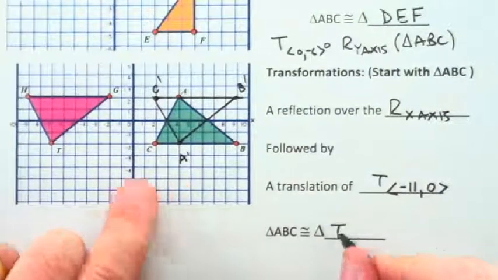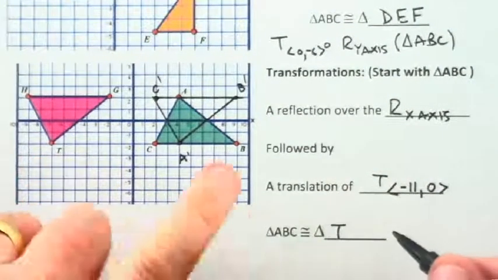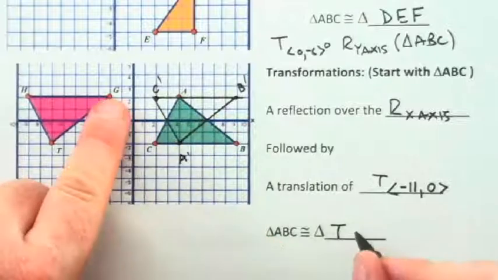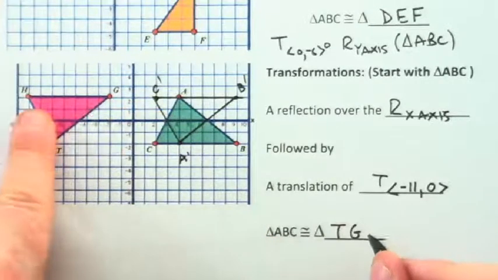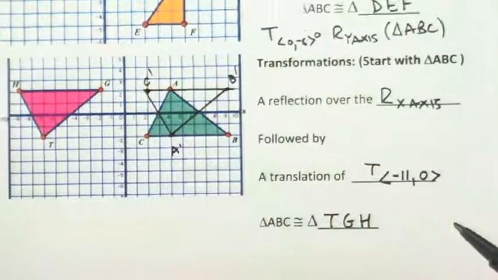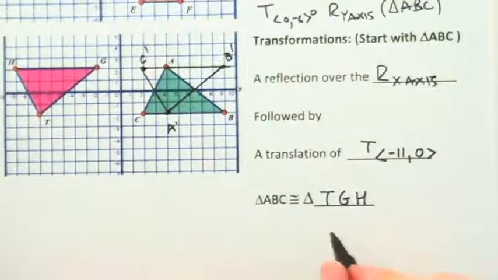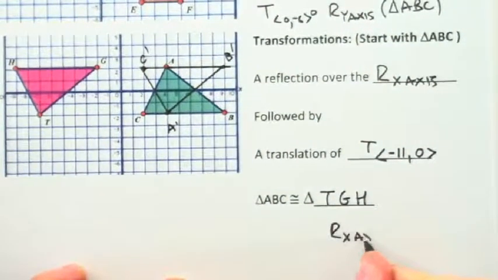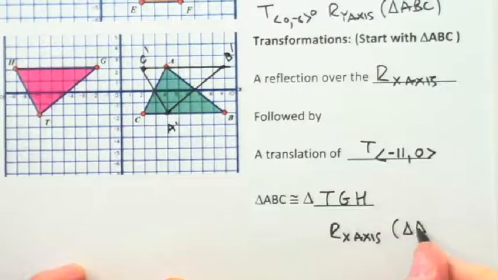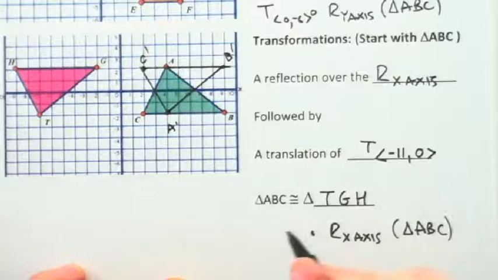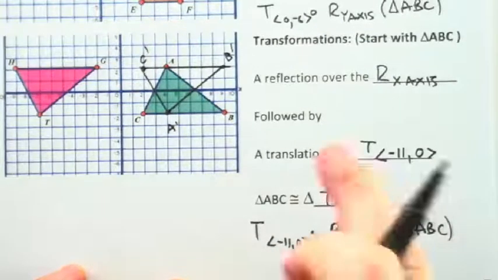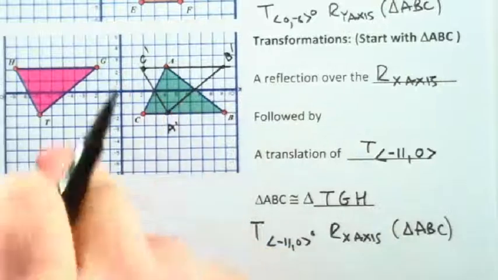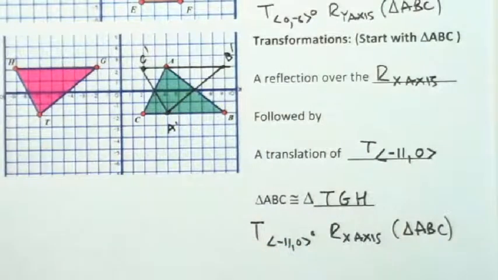And A would jump onto T, B would jump onto G, and C onto H. Once again, just by way of review, what we did is we reflected over the x-axis triangle ABC, and then we translated negative 11, 0, establishing that this is congruent to this because we could map using isometric transformations.